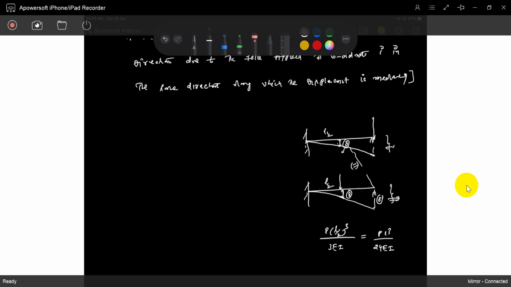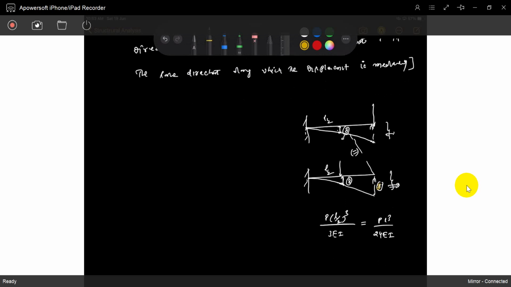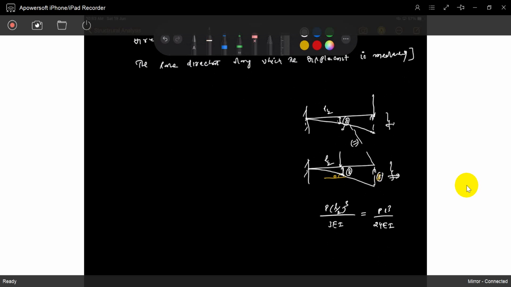So I want to find out this. See, what is the slope here? PL by 2 whole square by 2EI. What is that? PL square by 8EI. Just keenly observe. This is a straight line.